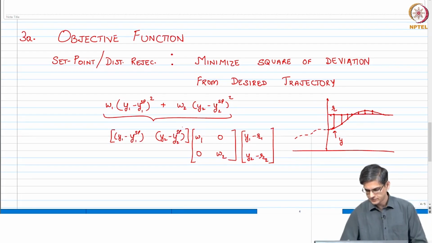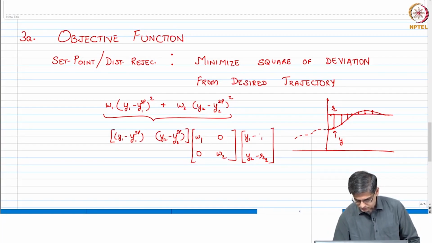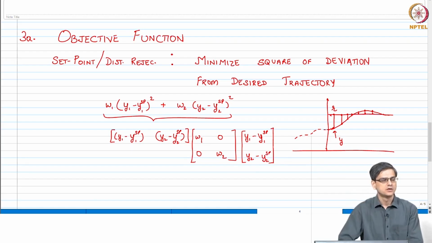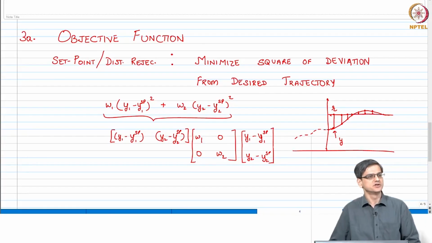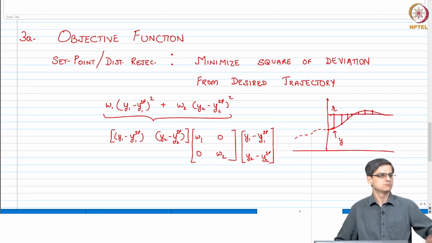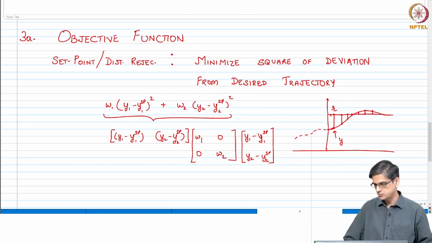Okay. You can verify that this works. This is nothing but inner product, right, multiplied by weight. This is absolutely nothing different, and you have done inner products before.